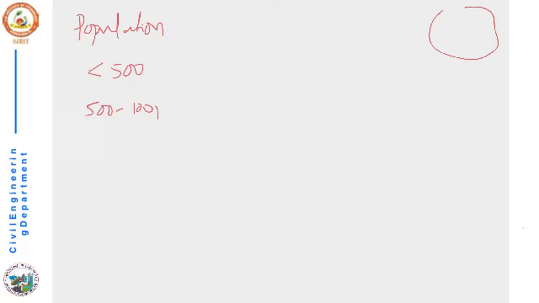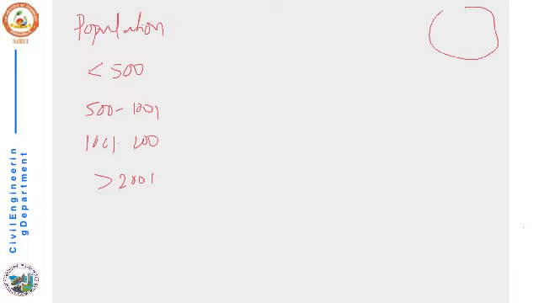To work out the saturation system, it is required for us to divide the population and the productivity into some convenient groups. For example, we'll take first the population. We have to divide the area under consideration into regions in which the population is less than 500, between 500 and 1000, between 1001 and 2000, and also greater than 2001.